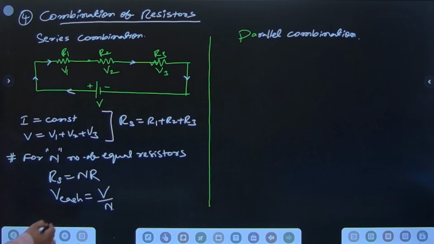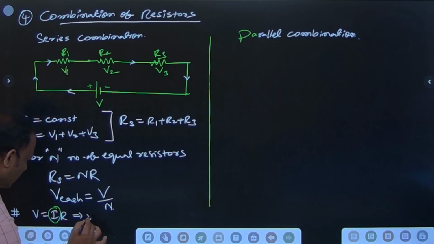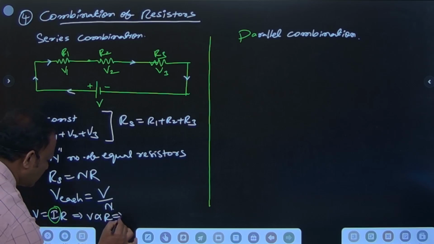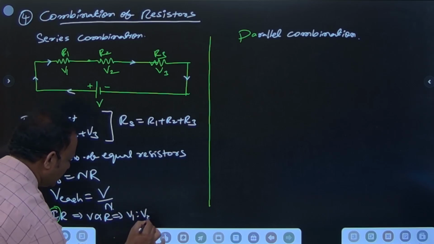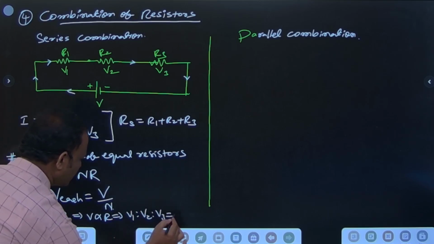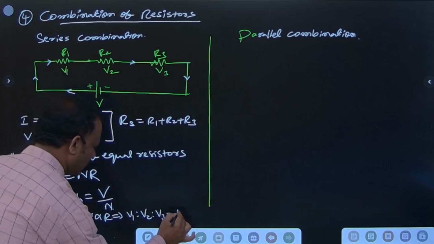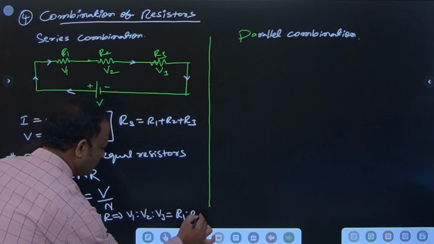The potential difference of each one is V by N. One more condition you can say on this: here V is varying, V is equal to IR, and I is constant, so V is proportional to R. So V1 is to V2 is to V3 is equal to R1 is to R2 is to R3.